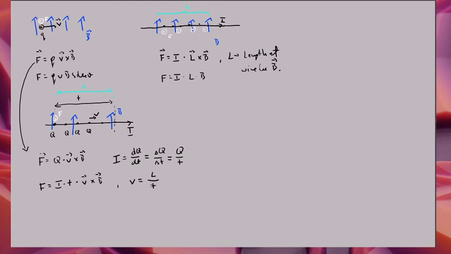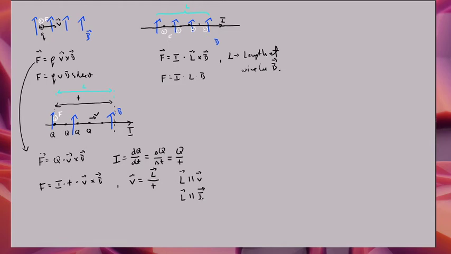All right, and so that would also imply that if I want this thing to be a vector, then L would point in the direction of the velocity, the direction of the current. So I could say here that L is parallel to the velocity of the charge, which also means that L is parallel to the current I. I could put a vector above this current if I wanted to. That's fine.